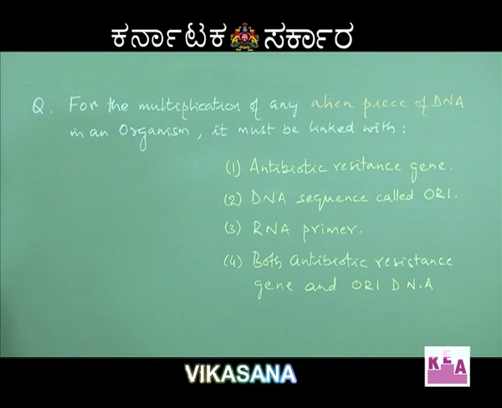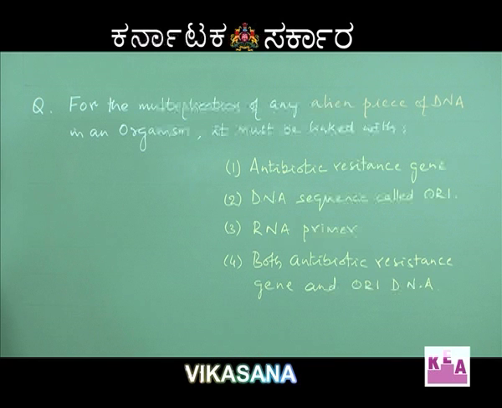Now, we move on to the next question. For the multiplication of any alien piece of DNA in an organism, it must be linked with. So, carefully look friends, alien piece of DNA in an organism, it must be linked with.